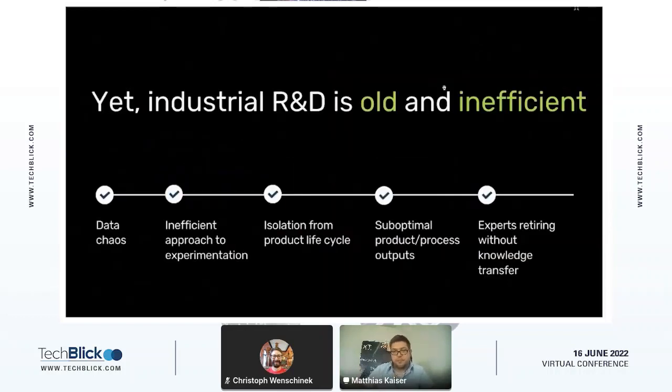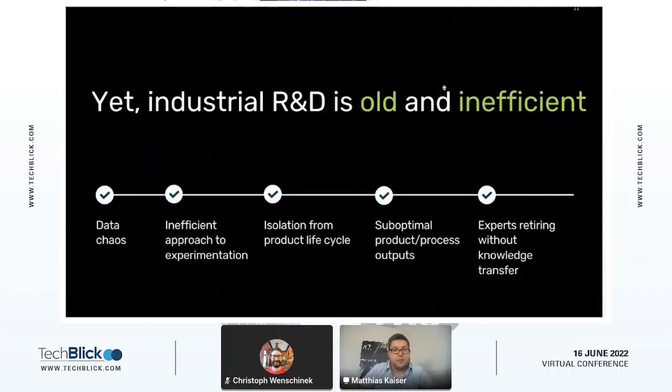However, the problem is a bit of a disconnect between these two sides, in that R&D is still pretty old school. Many companies have not yet moved to storing their data in a good way. That means there's a data chaos, pen and paper, Excel, whatever. Everybody's using different names for different things.